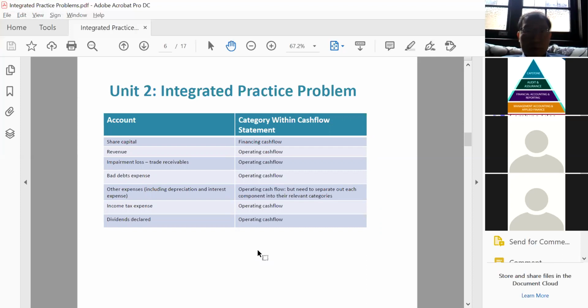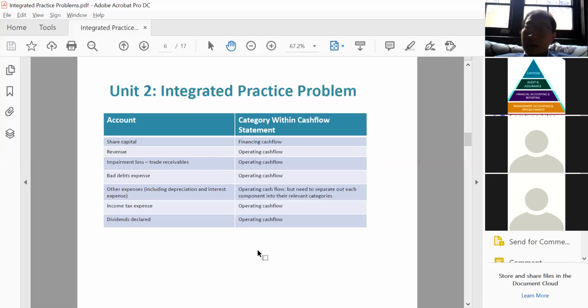That is going to be a financing cash flow. Revenue, impairment losses, bad debts, other expenses, income tax expense, and even the dividends declared, they're all going to be operating cash flow. Okay, so the first step in solving this problem is to categorize the different balance sheet and P&L items into their respective segments in the cash flow statement, right?